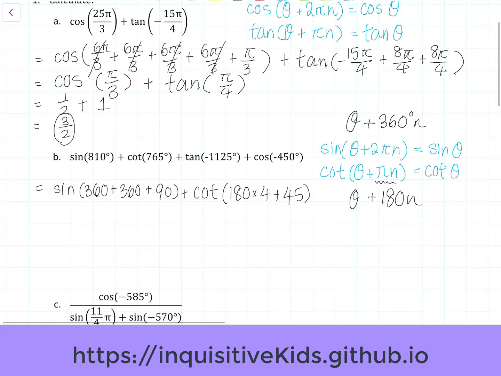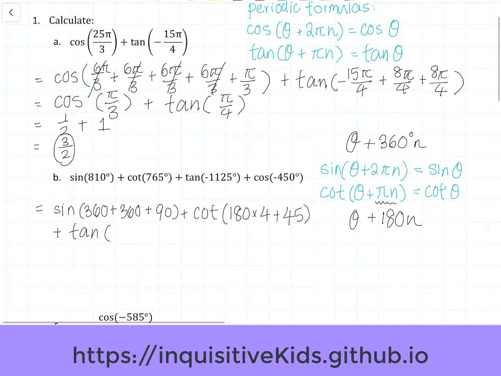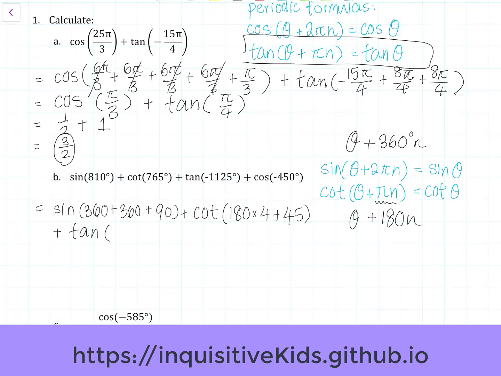And for tangent, we have negative 1,125 degrees. But using this equation up here, we can keep adding on multiples of 2 pi, or we can keep adding on multiples of 360. So we would have negative 1,125 plus 360 times 4. That's when it will become positive.